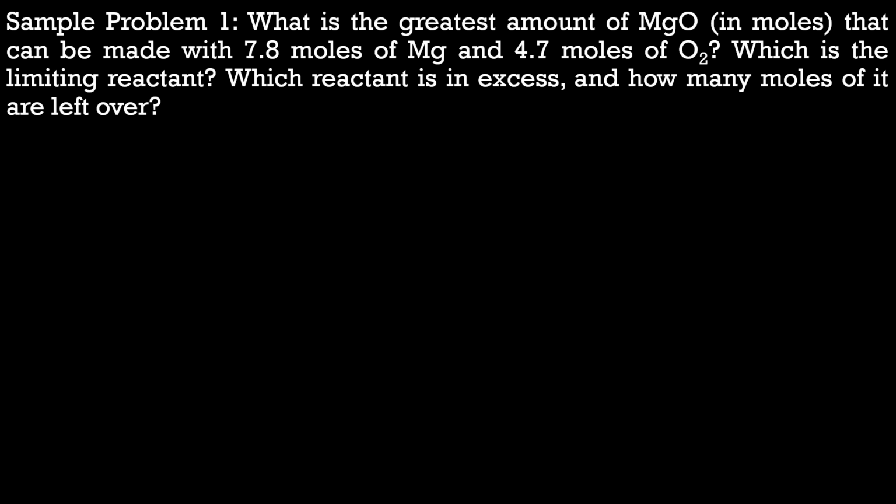If we try to check, we have here 2 given values, the moles of magnesium and the moles of oxygen gas. And our unknowns are the following: the greatest amount of magnesium oxide, the limiting reactant, the excess reactant, and the leftover.